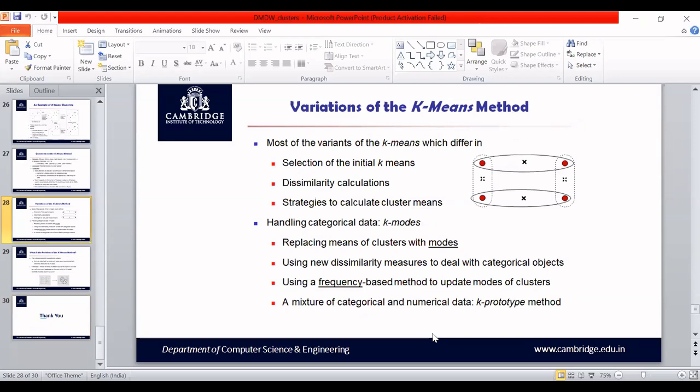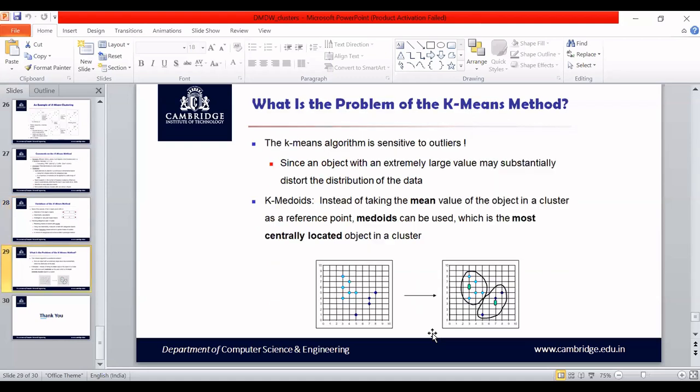So there are many variants. Depending upon your application, you should be in a position to choose which method is better. So what is the problem in k-means? For example, if this is my data set and I have applied the k-means algorithm to it, in this case, you can see the two clusters are overlapping or meeting at a point here.